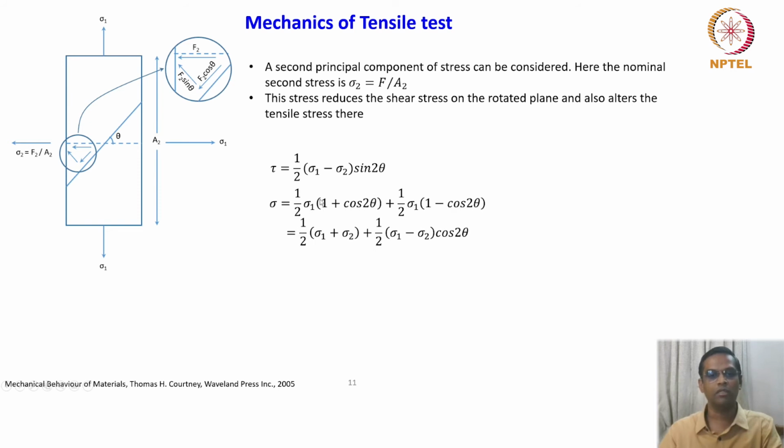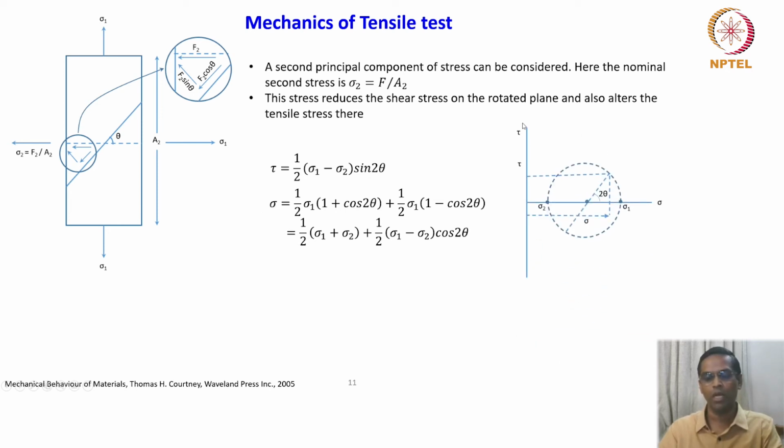Okay, so again we can write the tensile stress, which is equal to half times sigma 1 into 1 plus cos 2 theta plus sigma 2 into 1 minus cos 2 theta. So we can write it like this. So this is a combination of two principal stresses plus the difference in the principal stresses times the cos 2 theta. That is your tensile stress.